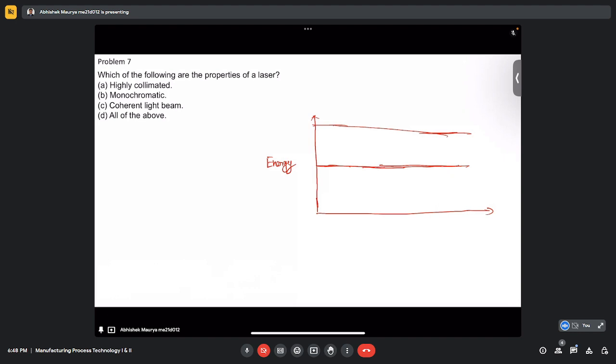In all materials, in the normal case, if we are not providing any kind of energy which is going to excite the energy level of the electrons, the tendency is for the electrons to remain in the ground state. So this is nothing but the ground state.